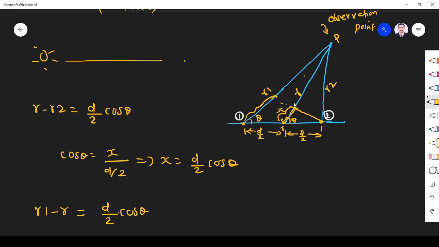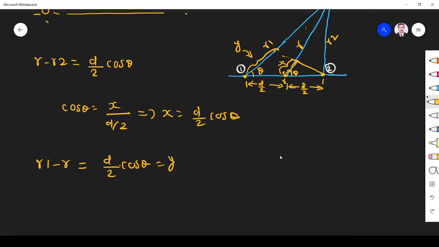If you subtract R, what you get is this distance, let us assume that is y. Y is nothing but d by 2 cos theta. Clear or not? So the path difference between the reference and point source 2 is d by 2 cos theta. The path difference between the reference R and point source 1 is d by 2 cos theta.